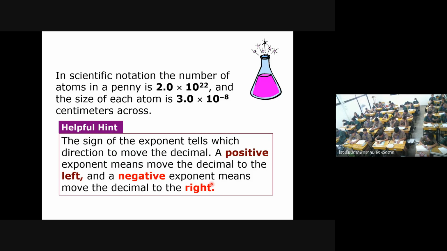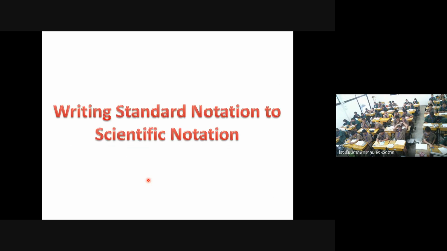But if the direction or the movement of the decimal point is from left going to the right, the exponent is negative. I'm going to show you an example. You don't need to copy. I'll tell you when you need to copy things.